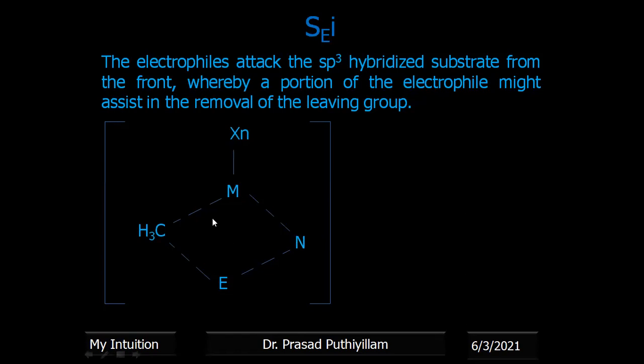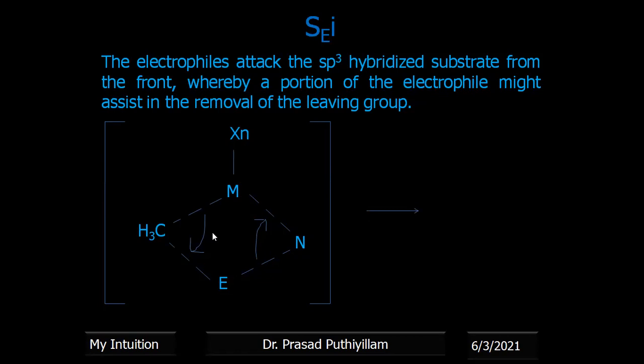So the electron movement is represented here: the bonded pair of electrons between the carbon and the metal moves toward the electrophile, because when we call it an electrophile, it has a vacant orbital or a positive charge. The portion of the electrophile forms a bond with the metal. That is the meaning of whereby a portion of the electrophile might assist the removal of the leaving group. So this transition state is formed.